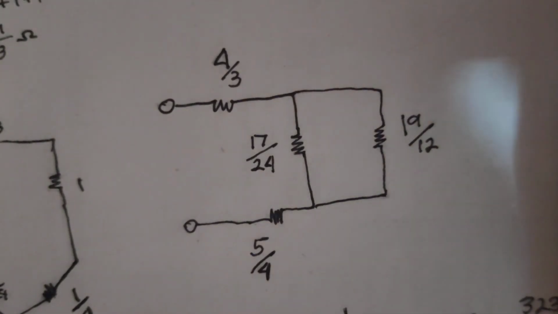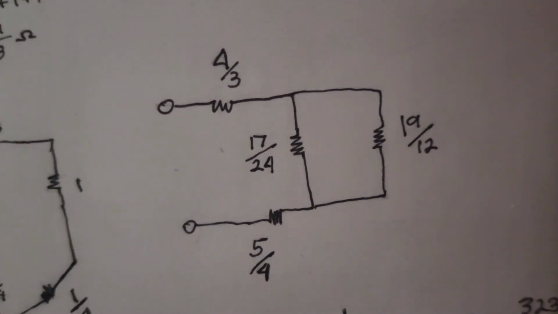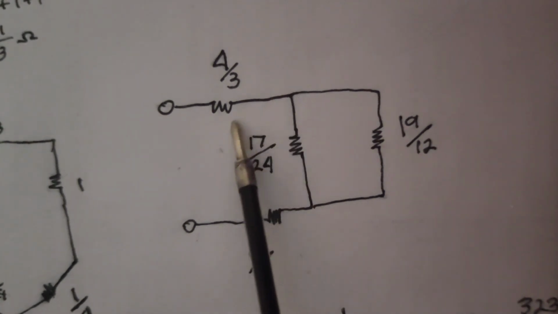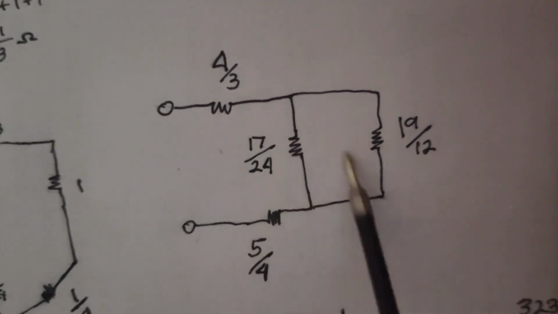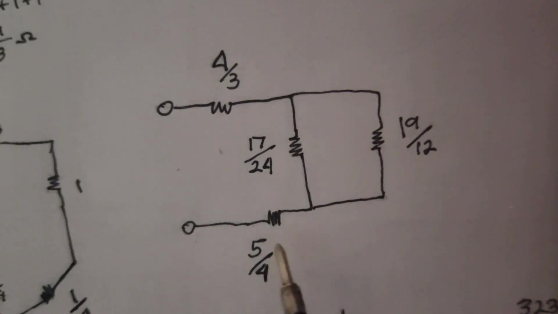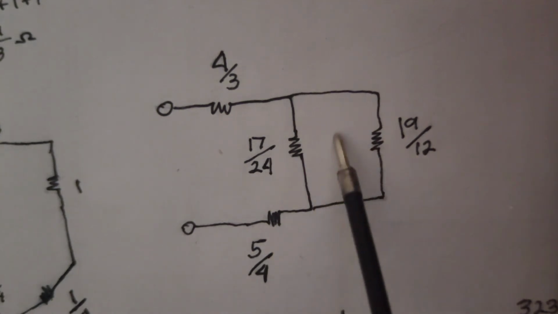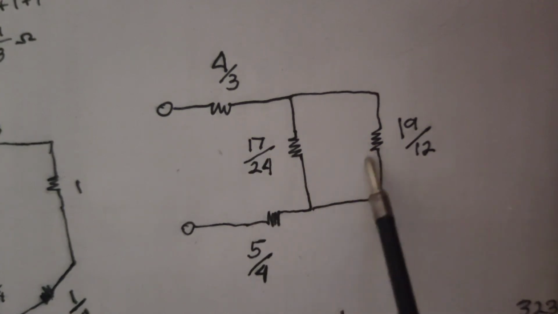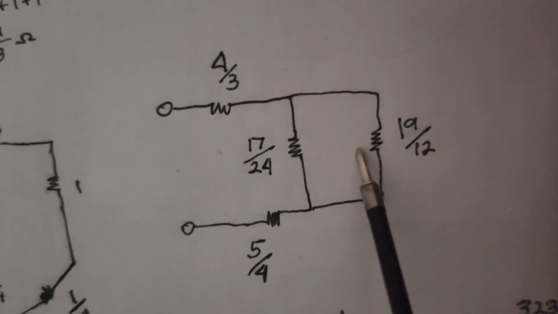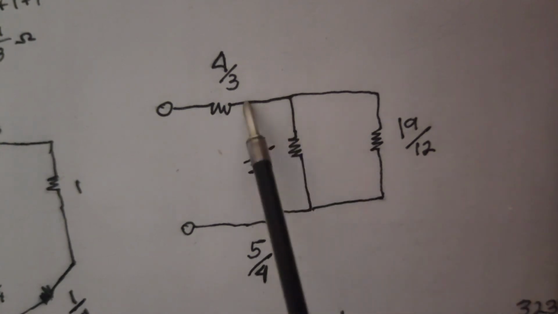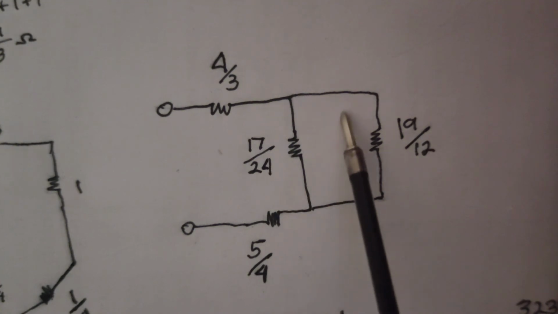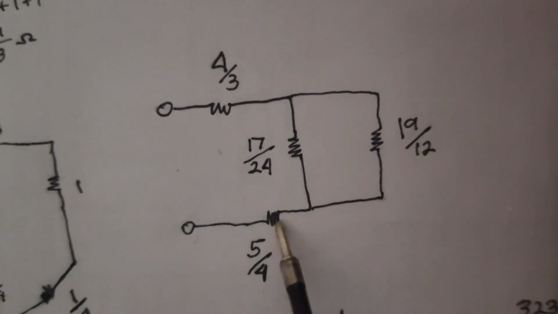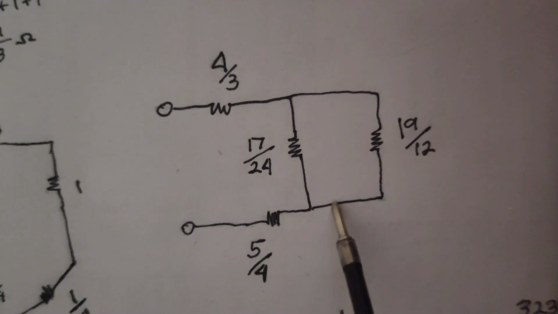Since that is all summed up, I redraw the circuit again. I think this is the final part of the process. I will be adding these parallel resistors so that the final circuit would be only a series circuit.